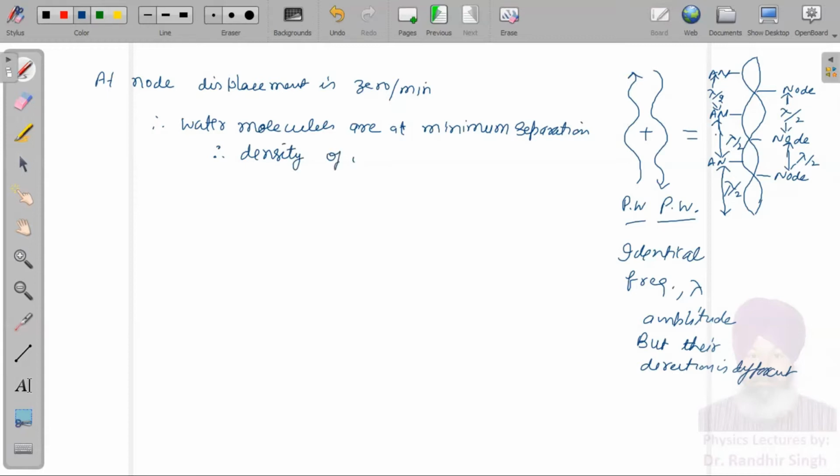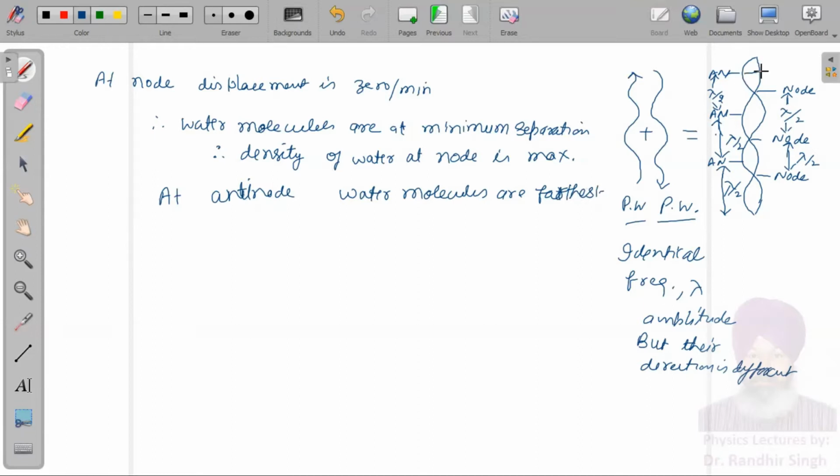Density of water at node is therefore maximum, and at antinode water molecules are farthest, that you can see in the figure. At antinode water molecules have gone away, at node the water molecules are very close to each other, so therefore density of water will be minimum at antinode.